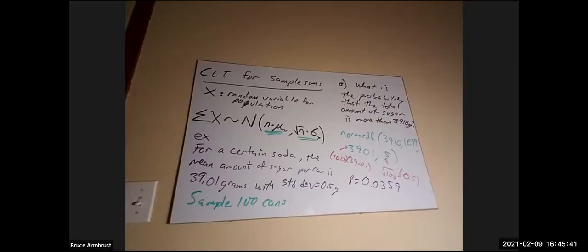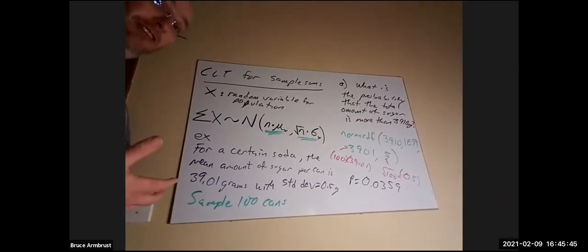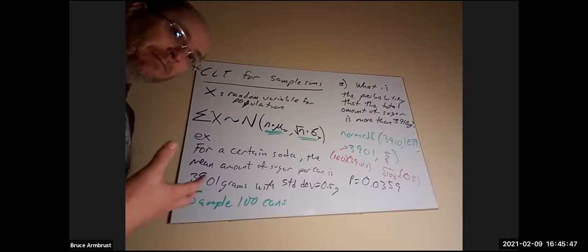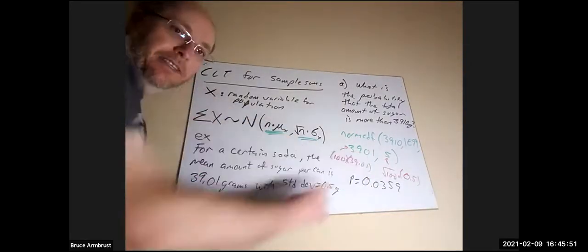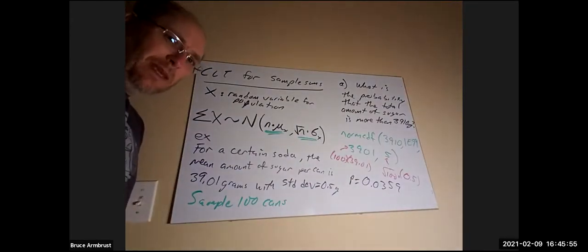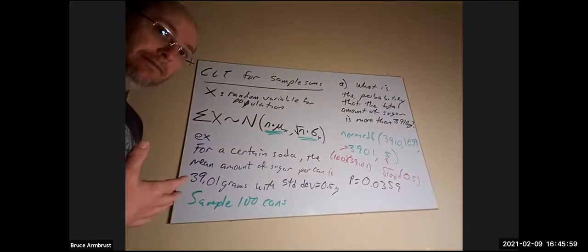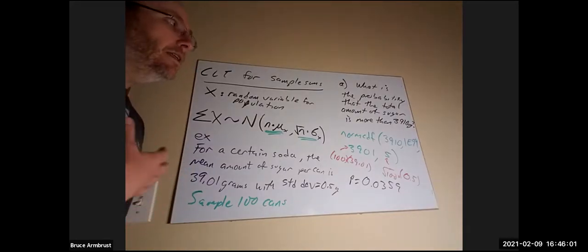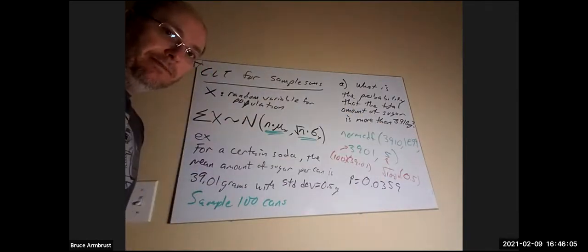All right, I don't know if you quite understand how kind of huge this is. Because think about what the mean was. The mean that we expected was around 3,901. Right? That would be what 100 cans on average should have. The number that we were looking for wasn't off by much. 9 grams.